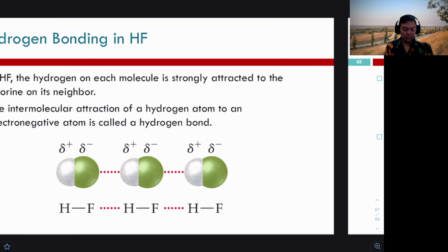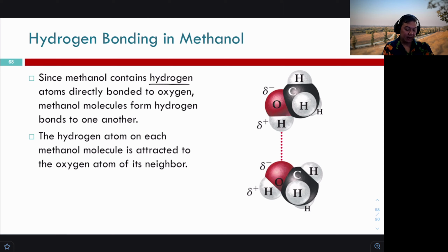So something like methanol has, and again, this is the key here, hydrogen directly bonded to oxygen, and this can be oxygen, fluorine, or nitrogen. Here we have it directly bound to oxygen. The methanol molecules can form hydrogen bonds to one another.